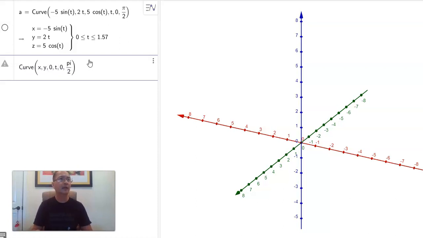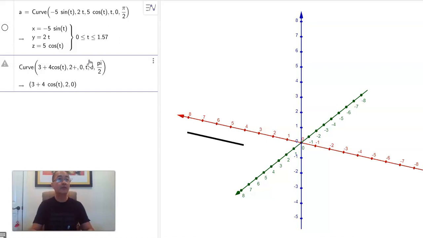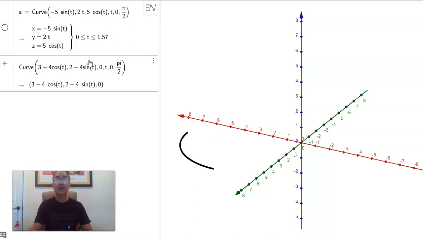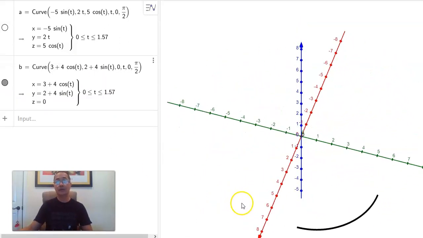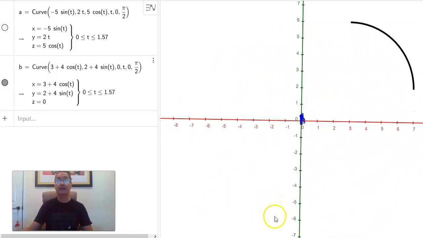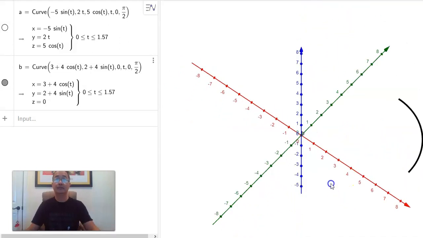We said that our x was 3 plus 4 cosine of t, and our y is 2 plus 4 sine of t. There is our quarter circle, and again, it should be the upper right side. The complete circle should look like this, but we only have the upper right side of that circle.